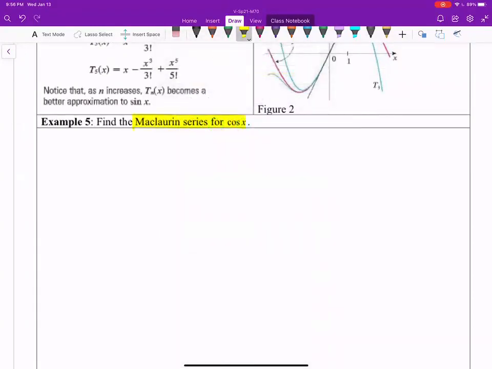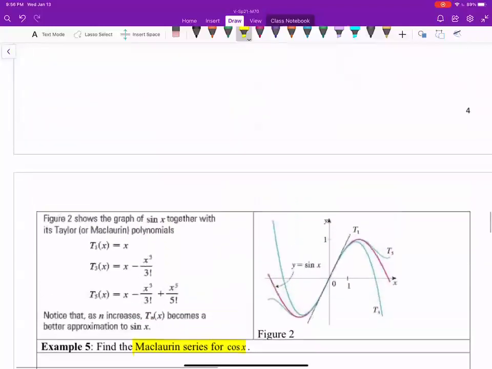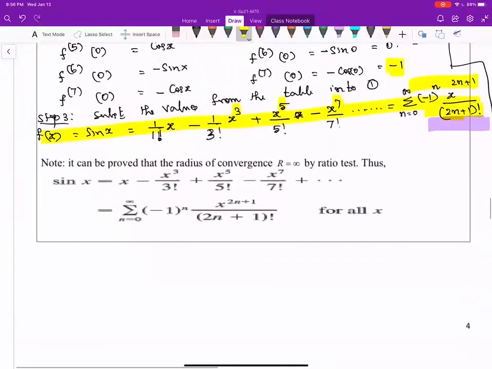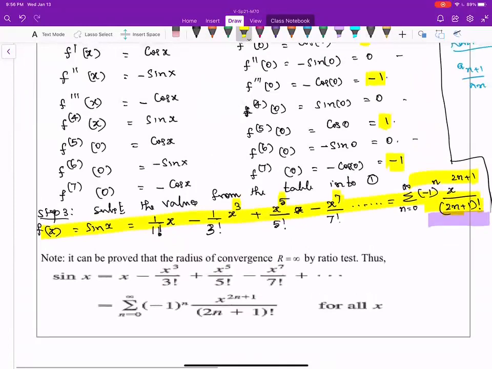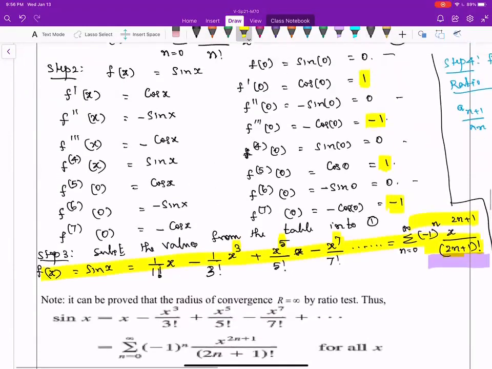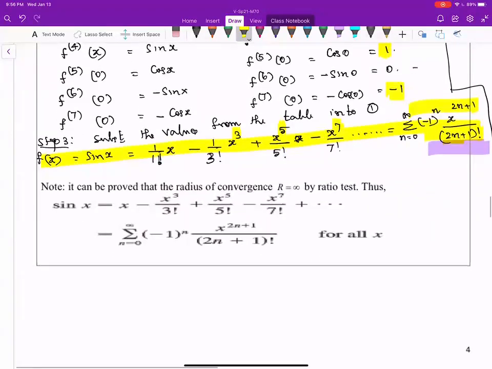Just the way we did Maclaurin series for sin x, we can also do cosine x. That is one way of doing it right from scratch. Or we can actually take the derivative of sin x that we expanded, and we have an expanded version of sin x.